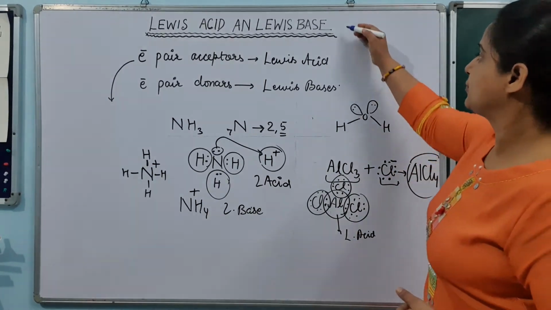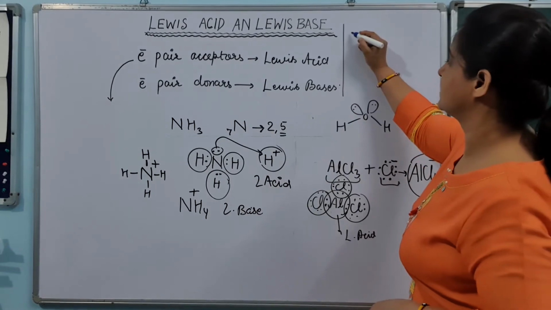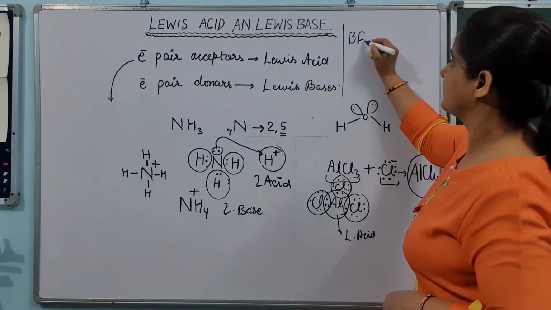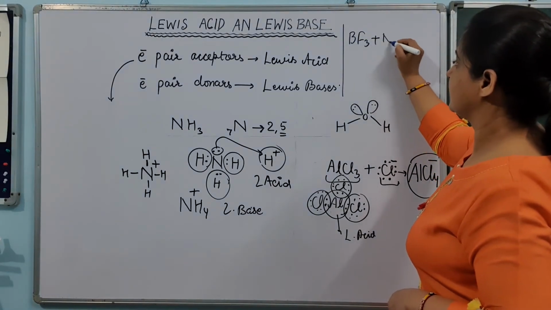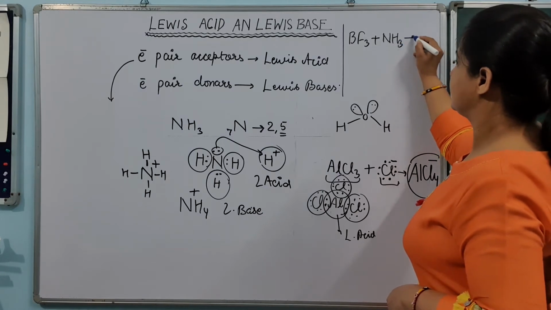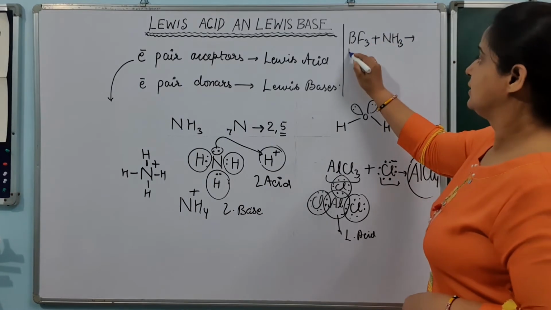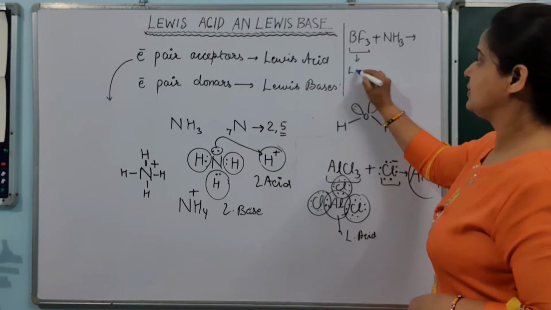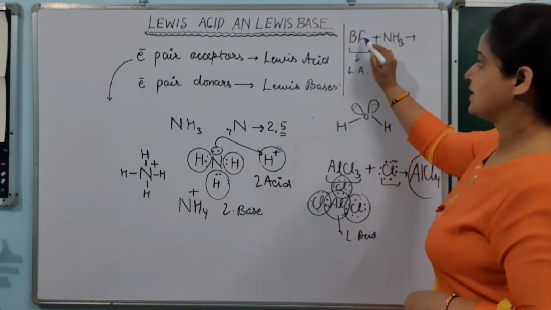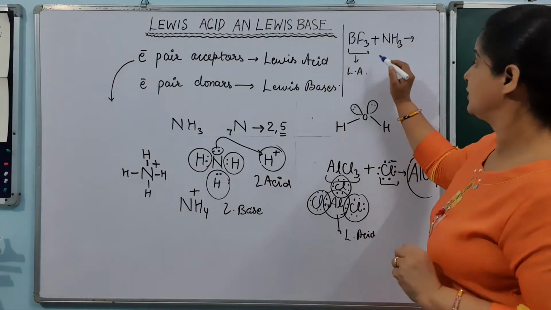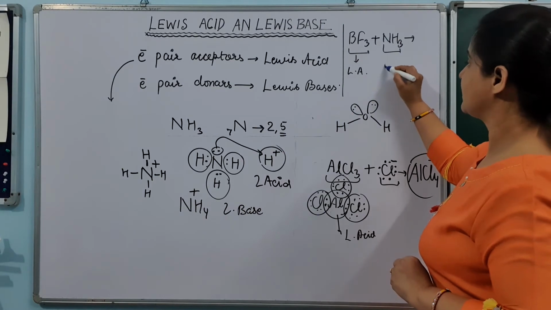In the same way we have one more reaction which comes in your exams sometimes, that BF3 reacts with NH3. In this case, BF3 is the Lewis acid because it has only 3 electrons in its outermost shell, and NH3 is the Lewis base.